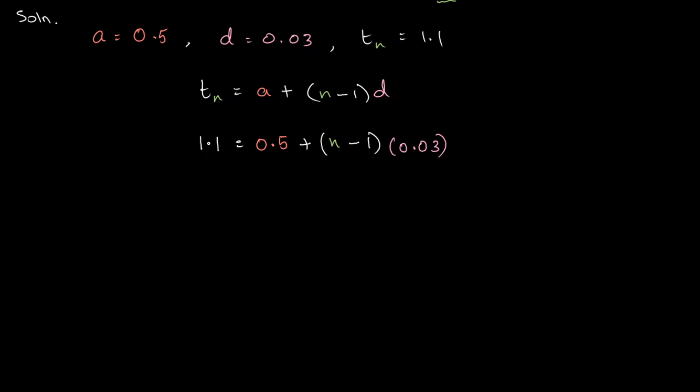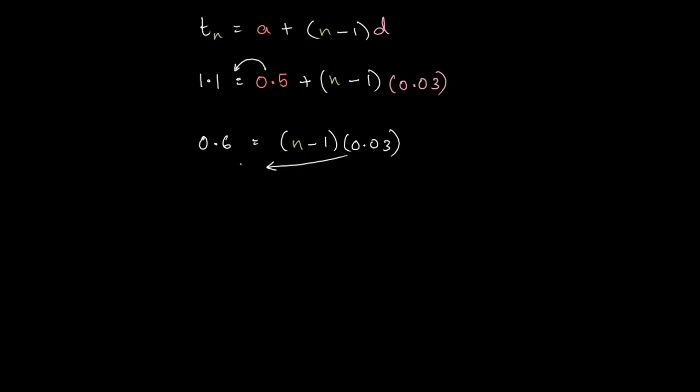Let's take this 0.5 from the right hand side to the left. So 1.1 minus 0.5, that is 0.6, is equal to n minus 1 into 0.03. This is multiplication here, so taken to the other side it will be division.